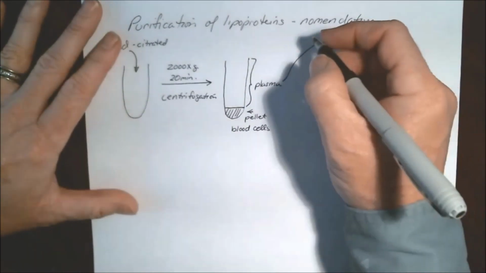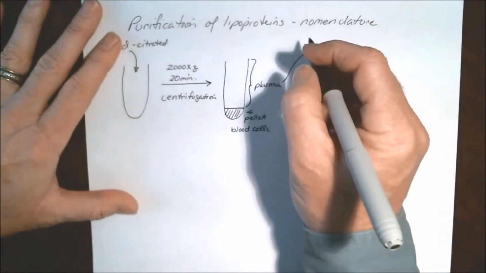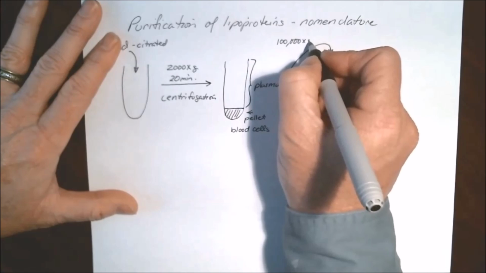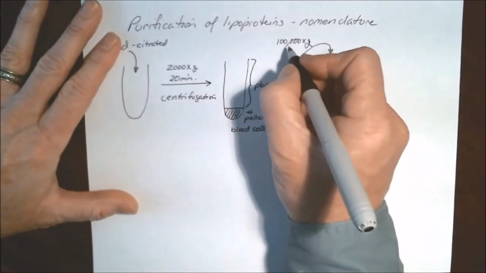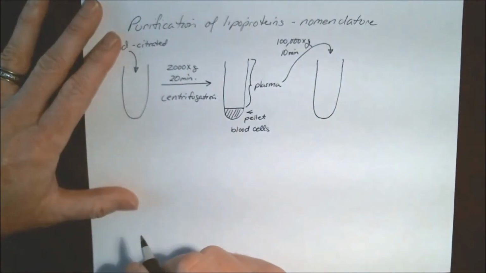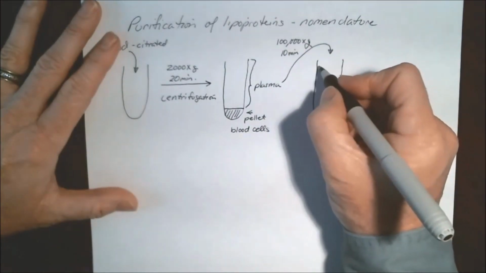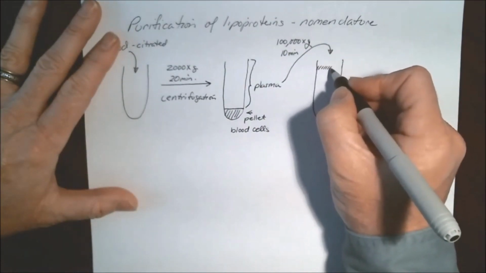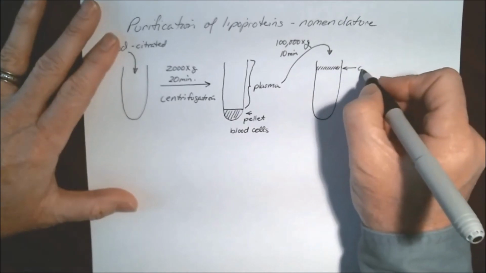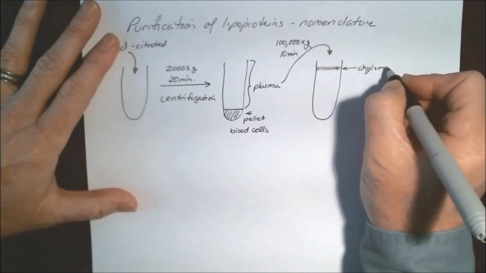This tube, we are going to centrifuge at 100,000 times G for approximately 10 to 15 minutes. What we will get here is a fraction on top, and this fraction will be our chylomicrons.